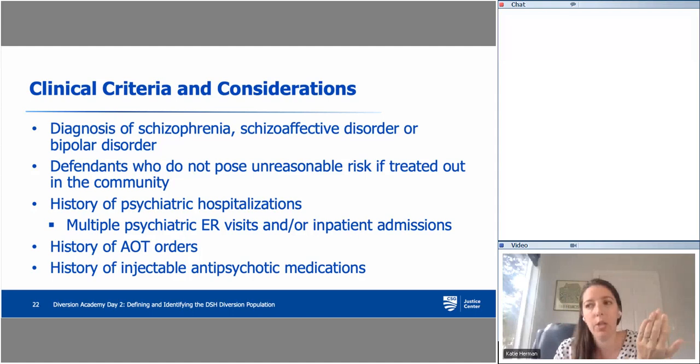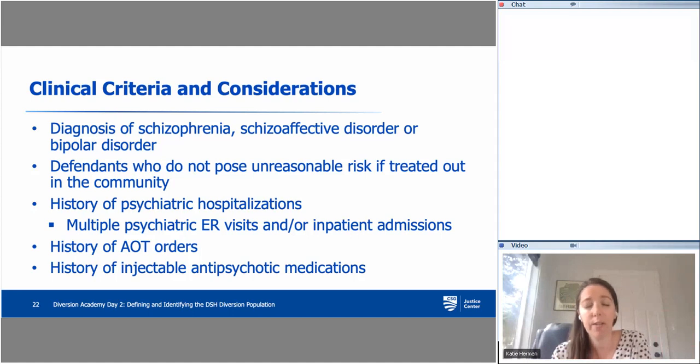And some other things that if you're a defense attorney, if you are from behavioral health, if you're a judge, a district attorney, and you have a case in front of you, you're trying to decide, is this a good fit for this DSH diversion? And you have access to psychiatric records, ideally.